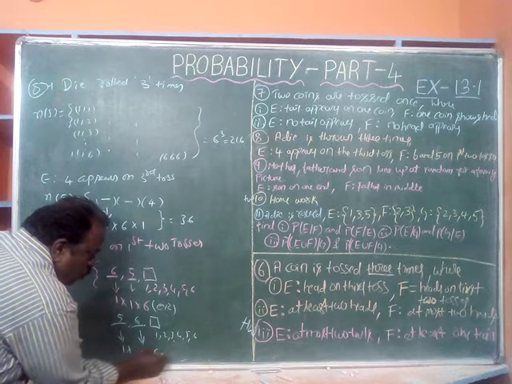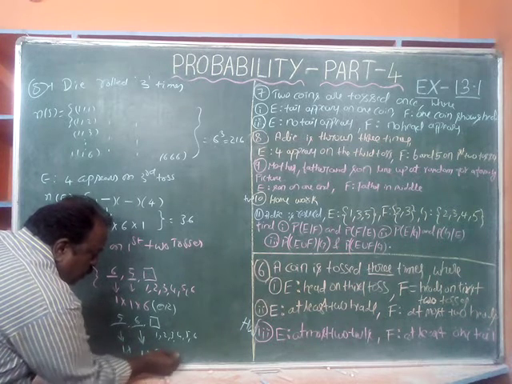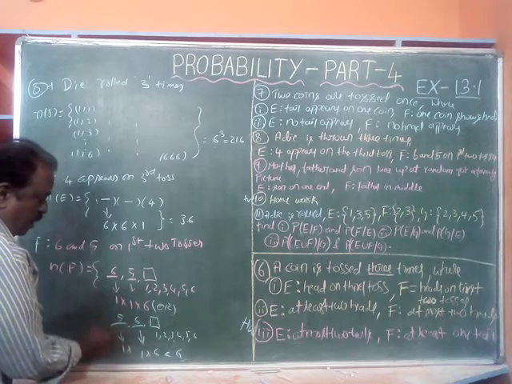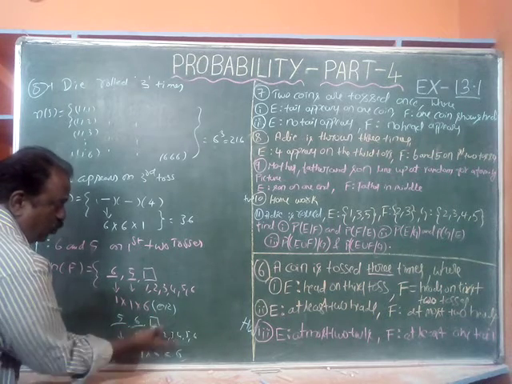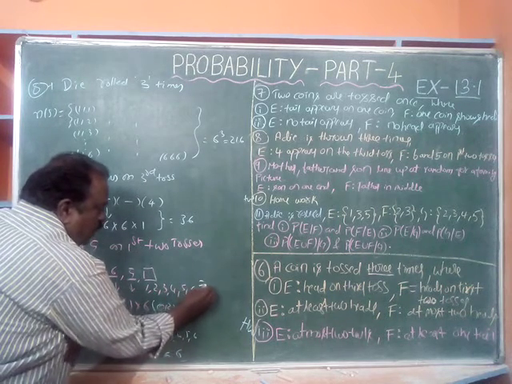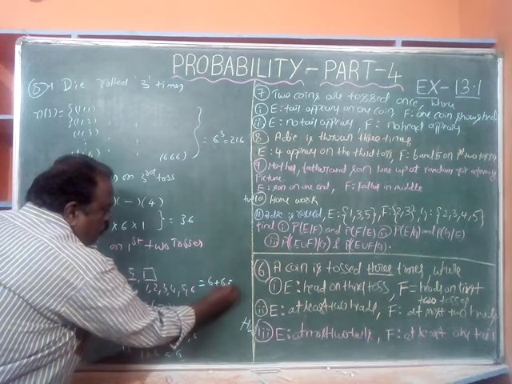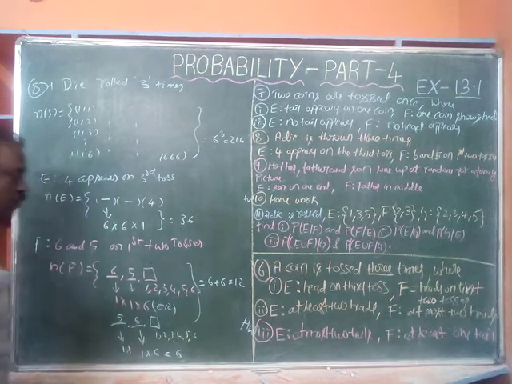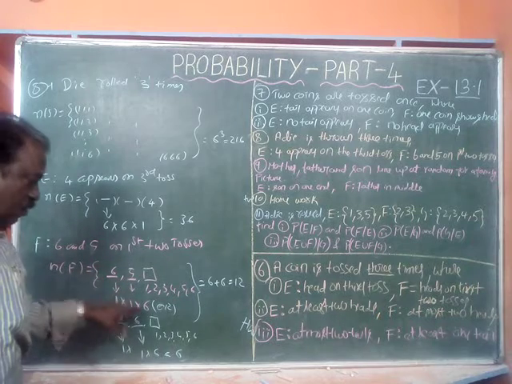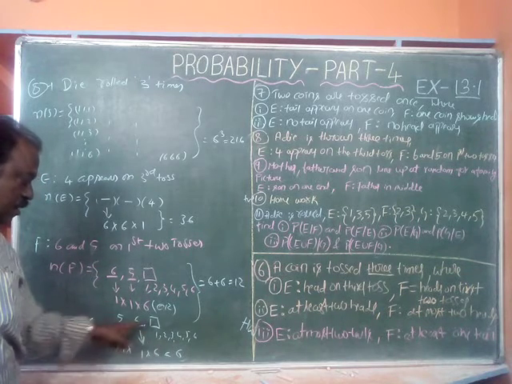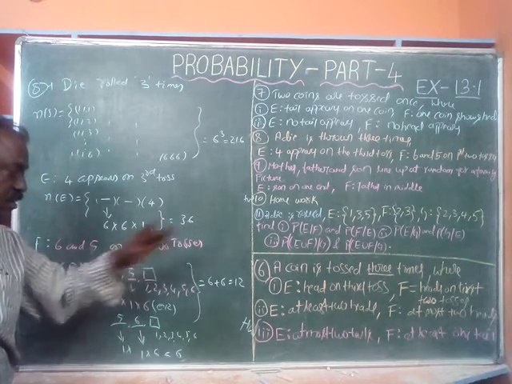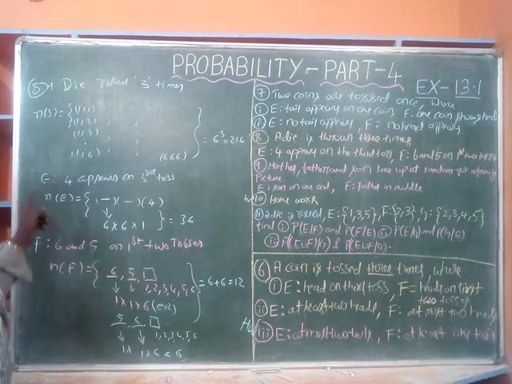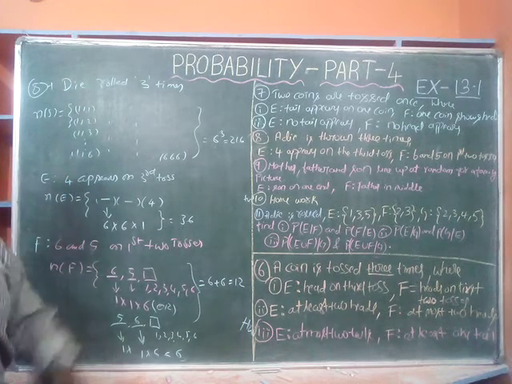It is 6 ways. So it is also 6 ways. So 6 plus 6 means 12 ways. So n of F is 12, whereas n of E is equal to 36.